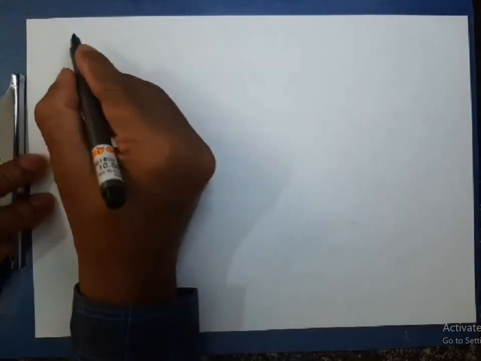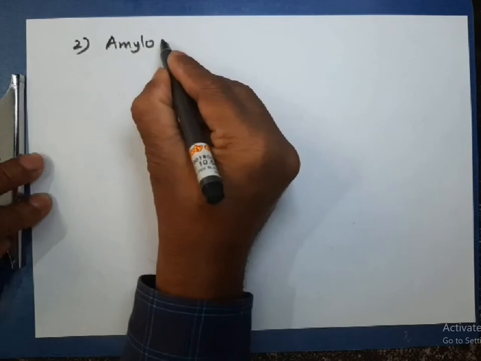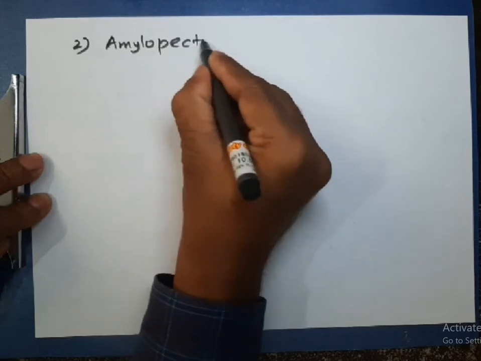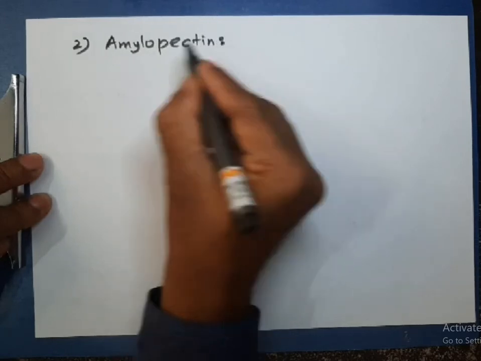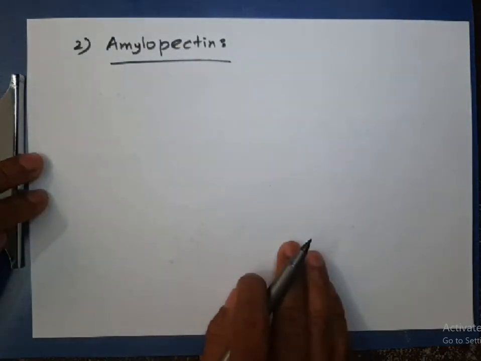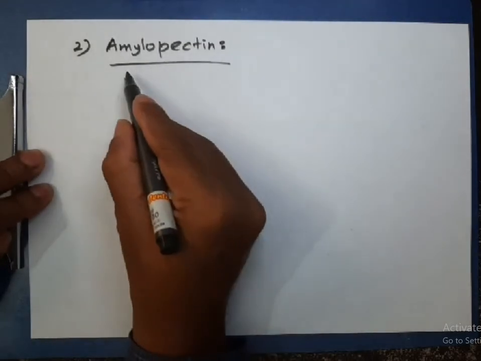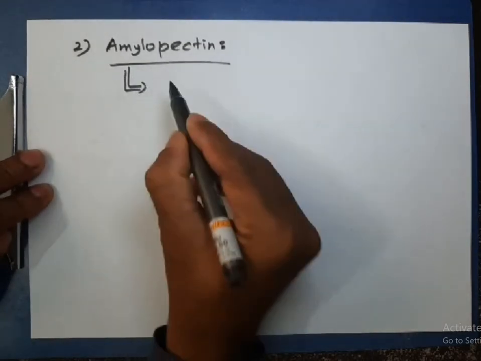Now, the second one, that is amylopectin. Amylopectin is another fraction present in starch. Amylopectin is a homopolysaccharide, no doubt in that.